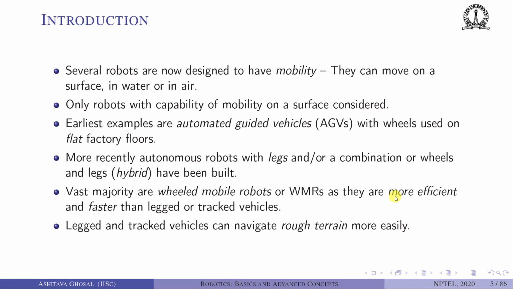Okay, because they are very efficient, they can move much faster than legged or tracked vehicles. There is an advantage of legged and tracked vehicles because they can navigate rough terrain. So for example, tanks and bulldozers have a track because they need to go over uneven terrain.